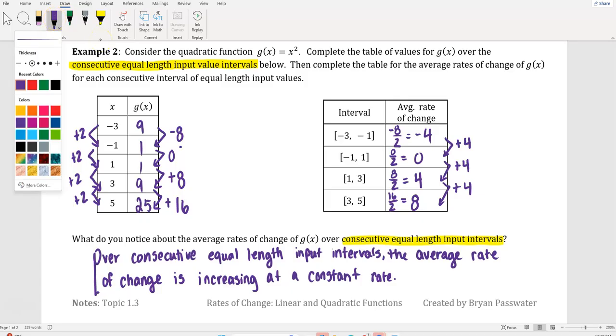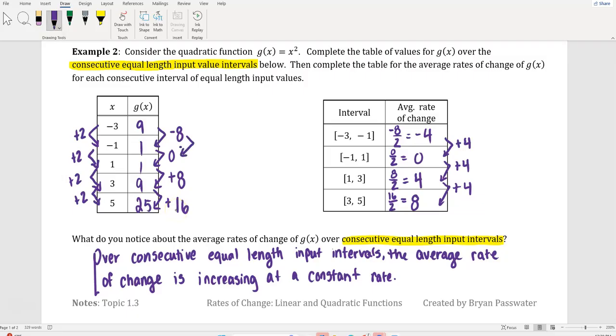Let's say I didn't actually find the rate of change, like do the -8 over 2. Let's just look at these numbers, -8, 0, 8, 16, right? If I look at what's happening here, that is an increase of 8. This is an increase of 8. This is an increase of 8. So this is always going to be true.